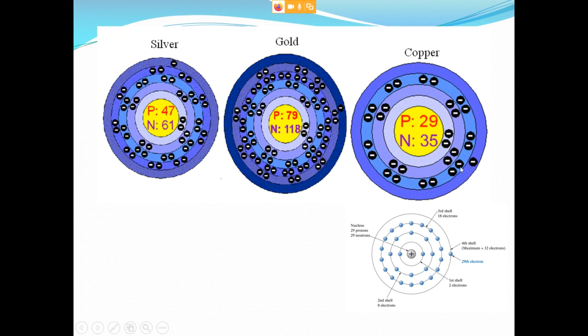Actually, better than copper for conducting is silver. Silver is actually the best, and it's got that 1 lone electron out there. And then gold. Both silver and gold are better conductors than copper.